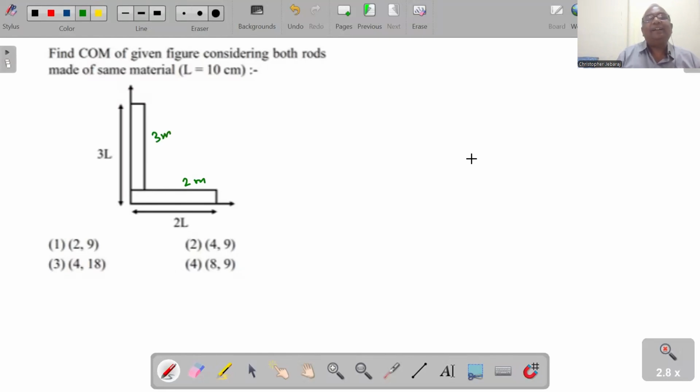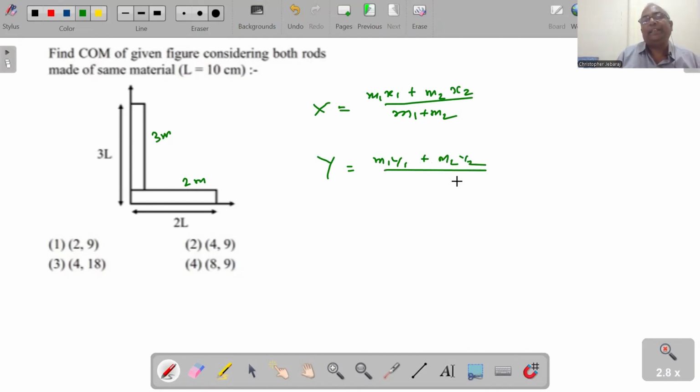For the question along the x-axis, we know m1 x1 plus m2 x2 by m1 plus m2. This is the position for the x-axis. Position along the y-axis is m1 y1 plus m2 y2 divided by m1 plus m2.